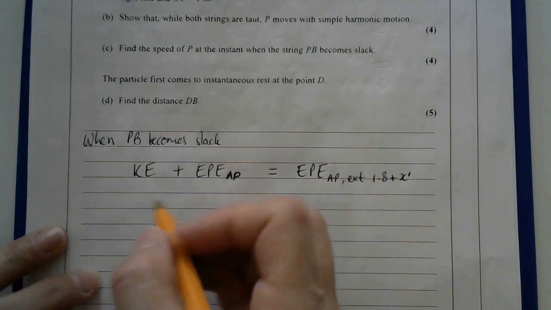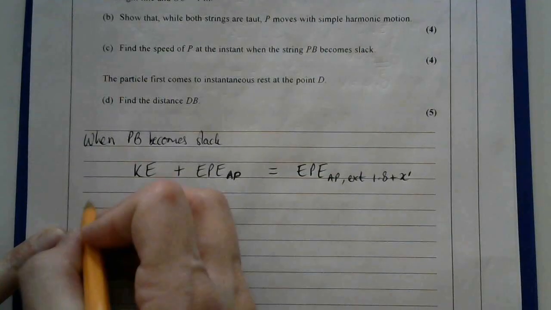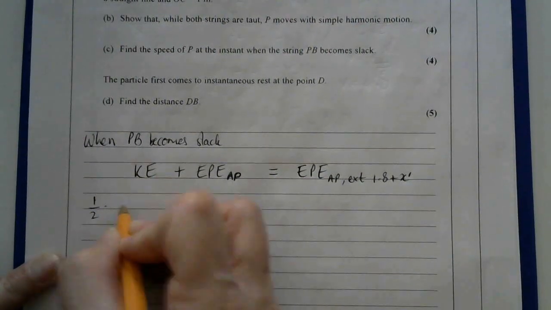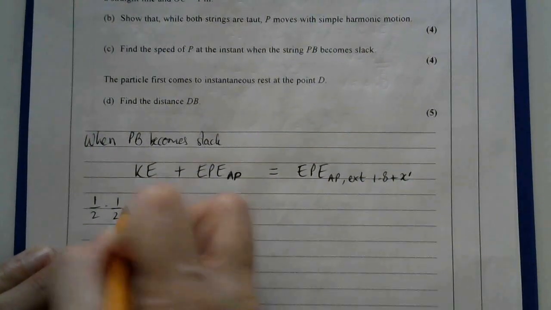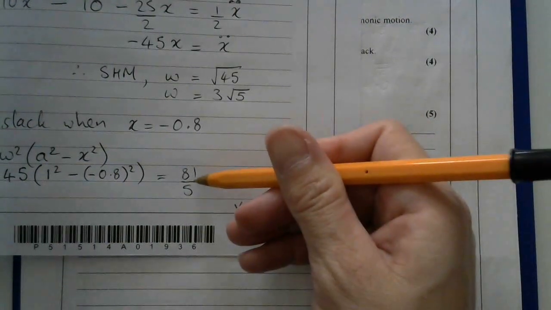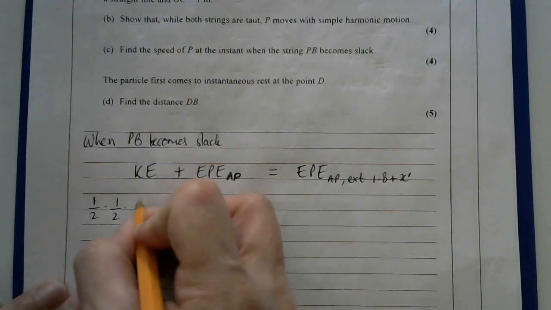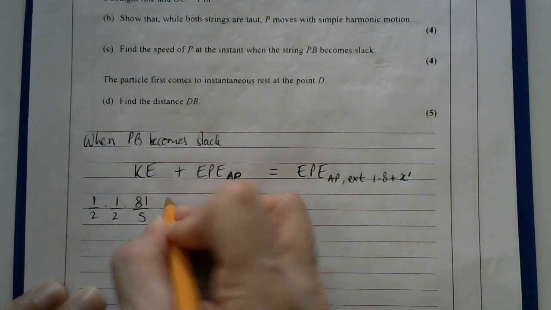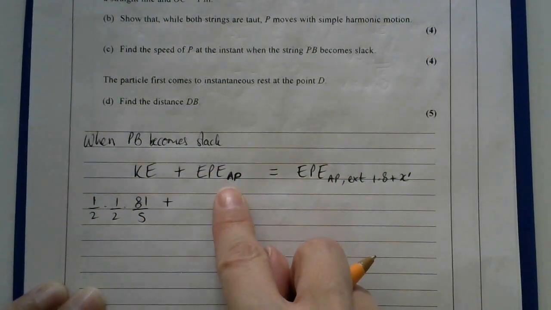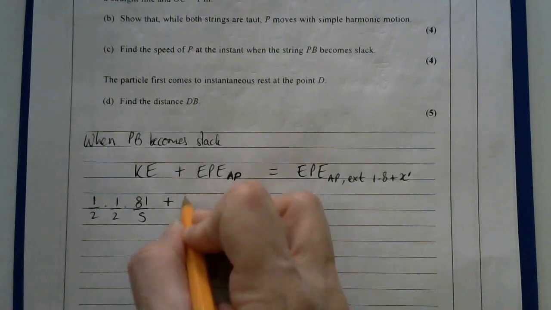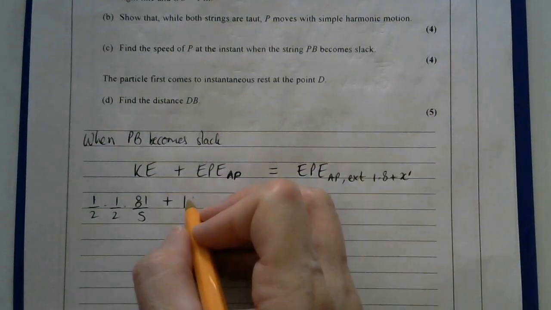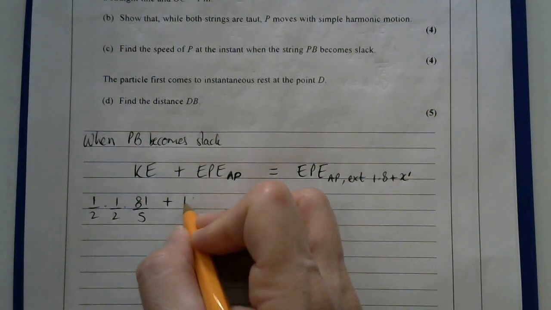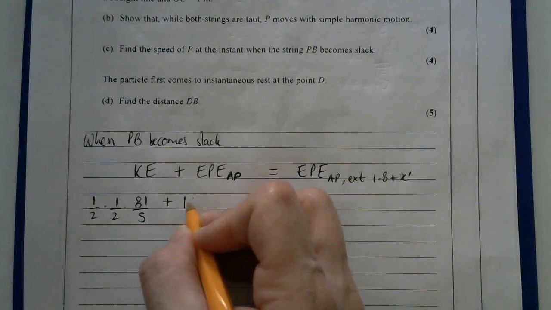Okay, so the kinetic energy when PB comes to slack is half times the mass, and the mass was a half, multiplied by the velocity squared. Well, the velocity was this, so the velocity squared was 81 over 5. Plus the elastic potential energy at that point. So for the elastic potential energy, I'm using lambda x squared over 2L.